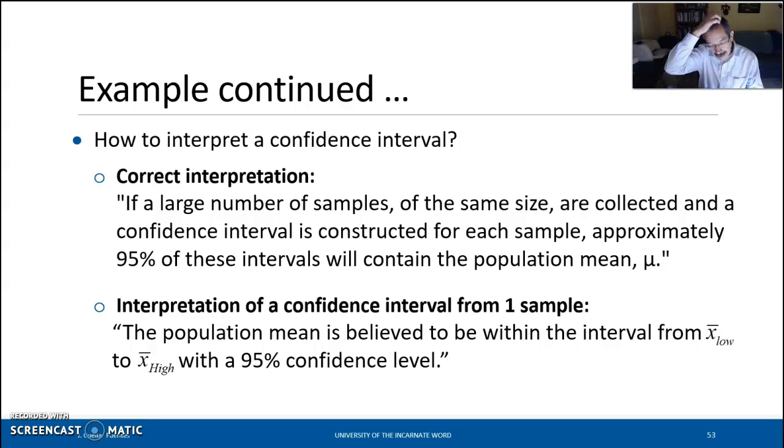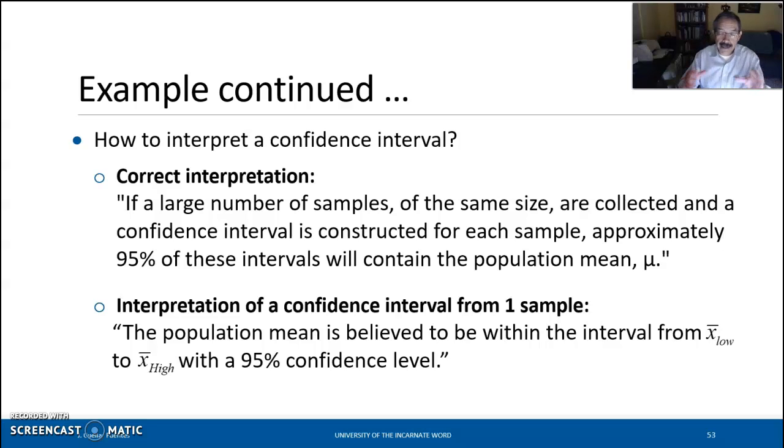Well, we take it as if it does contain the mean. So we say the population mean is believed to be within the interval from x low to x high with a 95% confidence level. So we don't use the word 95% certainty. We do not say 95% probability because we do not know.